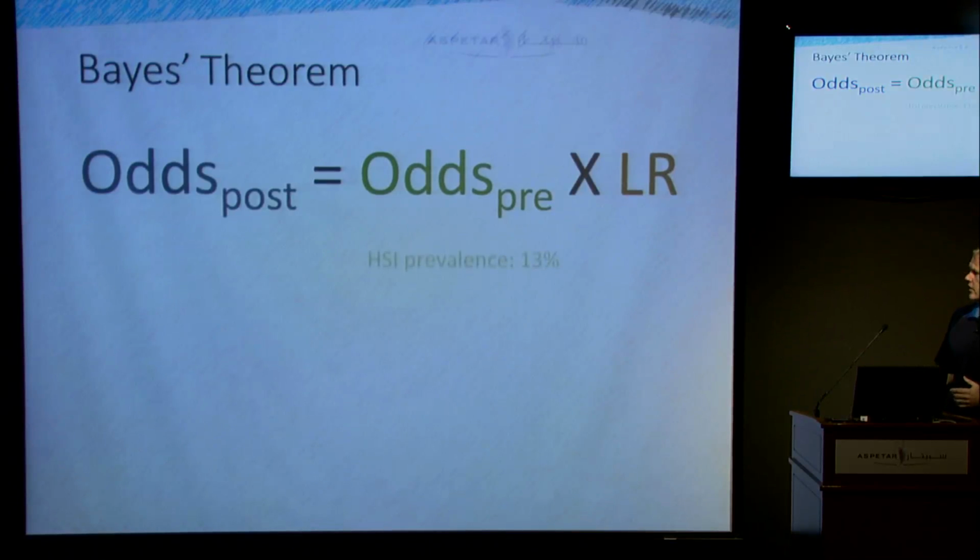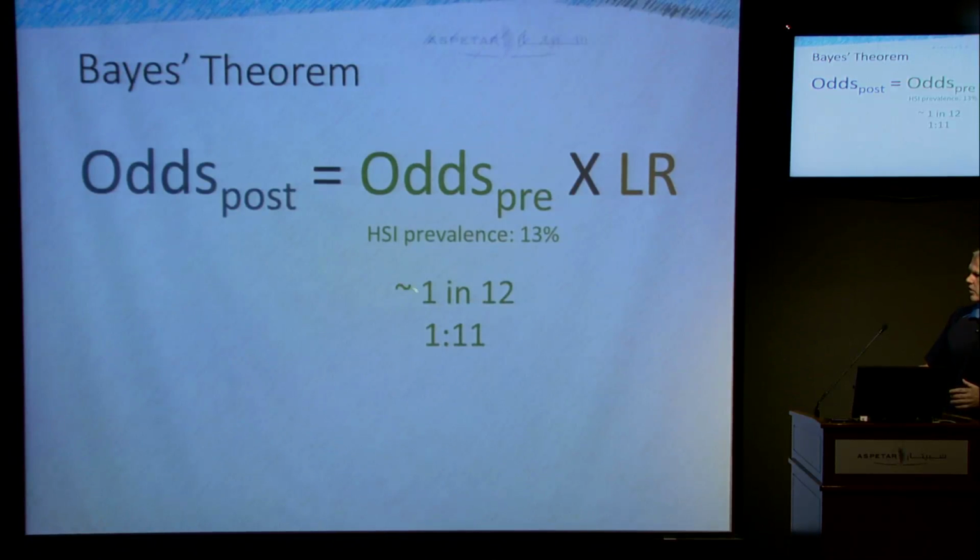So we'll take a hamstring example. In the last 6 years, about 13% of our football players in the QSL have been getting hamstring injuries. That means around about 1 in 12, and that's odds of 1 hamstring injury for 11 no injuries.